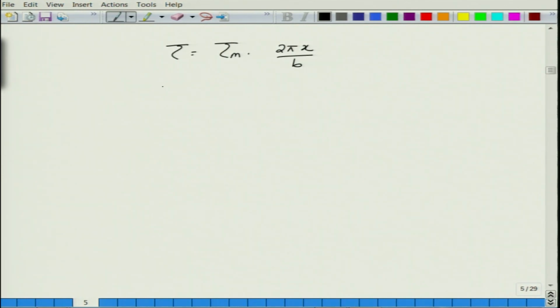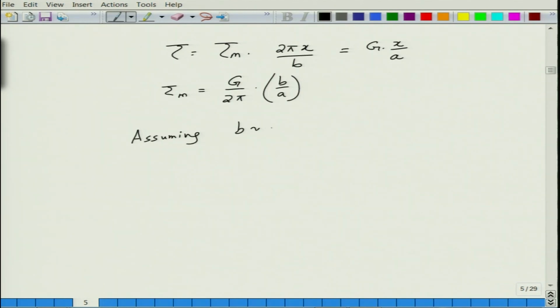On one hand tau is equal to tau m into 2 pi x divided by b, and on the other it is equal to G into x by a. So, tau m becomes equal to G divided by 2 pi into b divided by a, assuming b is approximately equal to a. In that case tau m is equal to G divided by 2 pi.